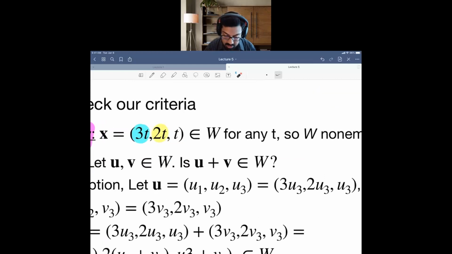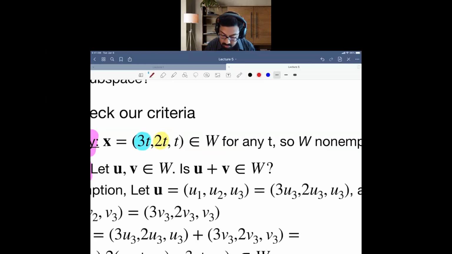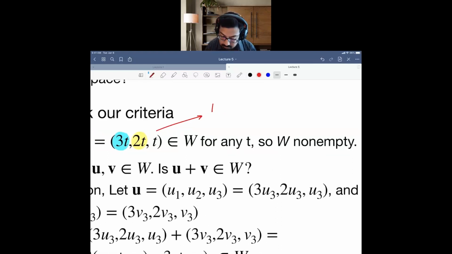So for any t, here we can define W, our vector space, as a set where these vectors t with 3, 2, 1 are going to be our vectors that are included in that vector space, with t being real.